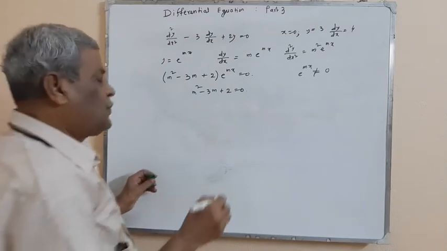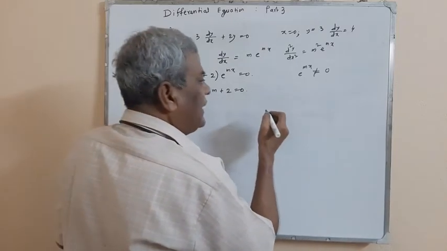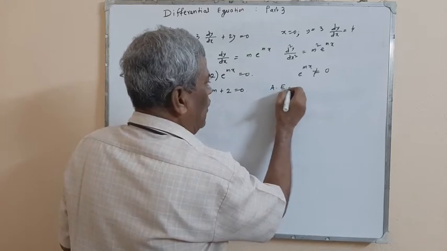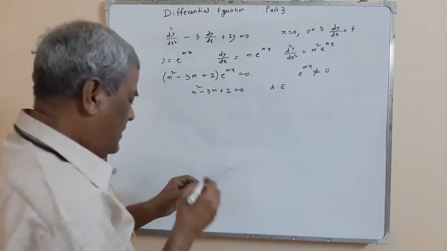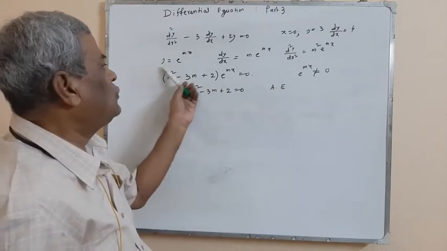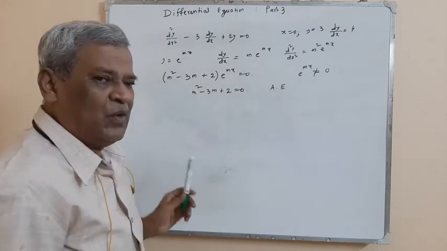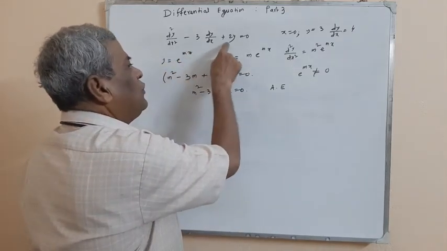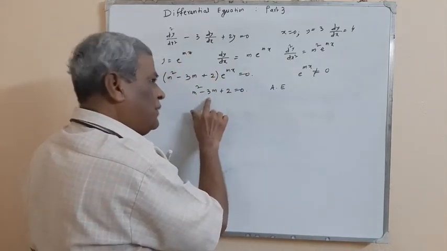This is known as the auxiliary equation, in brief AE. In a competitive exam, without showing all these things, from the given equation we can start from here.